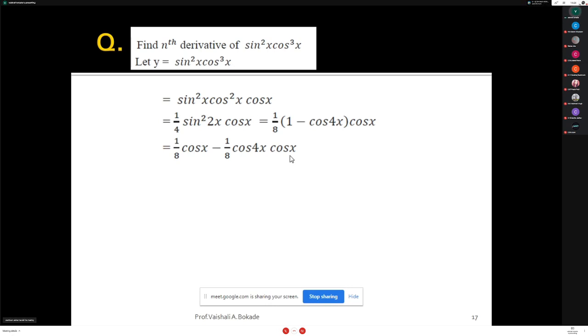So what should I do? I am going to use a formula. Let me multiply it by 2 here. So what should I write here? 2 cos A into cos B. Tell me, which formula should I use here for 2 cos A into cos B?